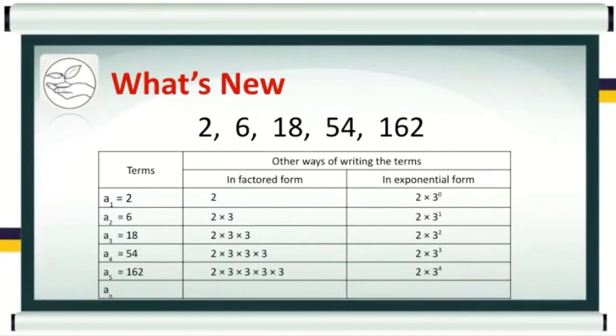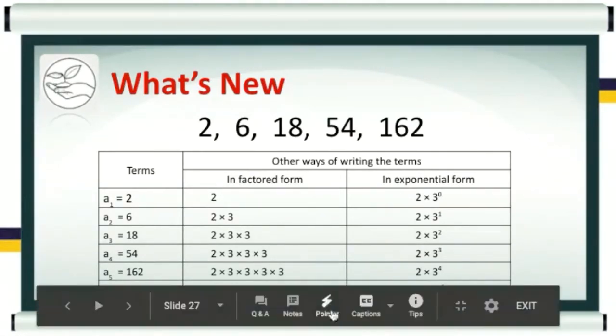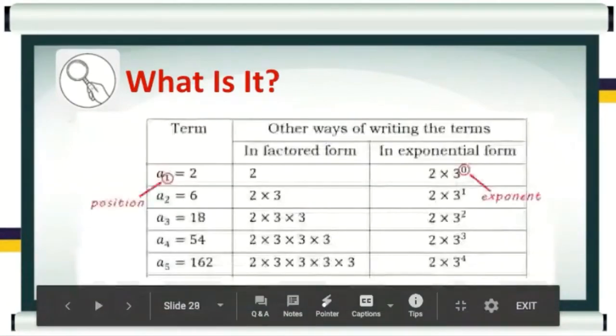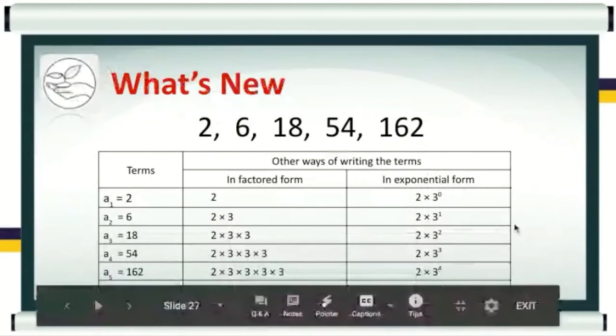Now, what if it is already the nth term? How are we going to write now the factored form? It should look like this. You have times n at the end. And then 2 times 3 to the power of n minus 1.